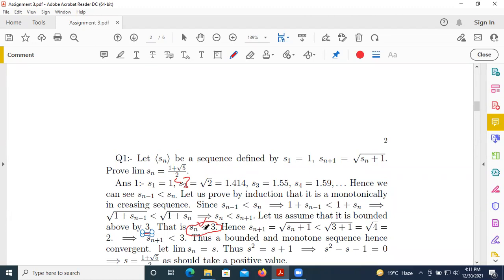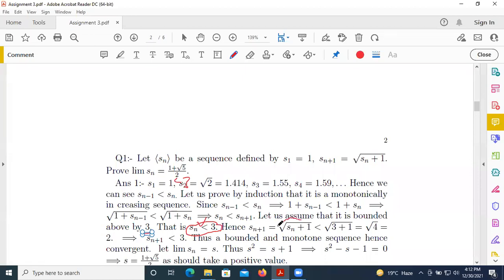So in this relation, we add 1 on both sides, we get Sn plus 1 less than 3 plus 1, and take root on both sides, we get root of Sn plus 1 is less than root of 3 plus 1, which is equal to root 4, which is equal to 2.